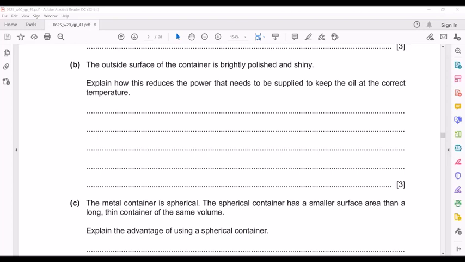When you discuss the texture of the material, you should specify that it's shiny, so it will not absorb or emit too much energy. So shiny surfaces are poor emitters, and poor emitter means also poor absorber. So most of the heat will remain in the system.